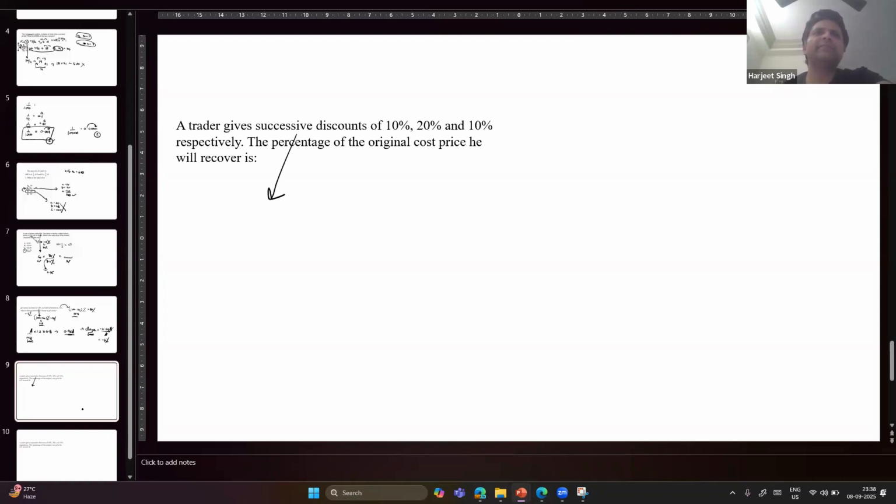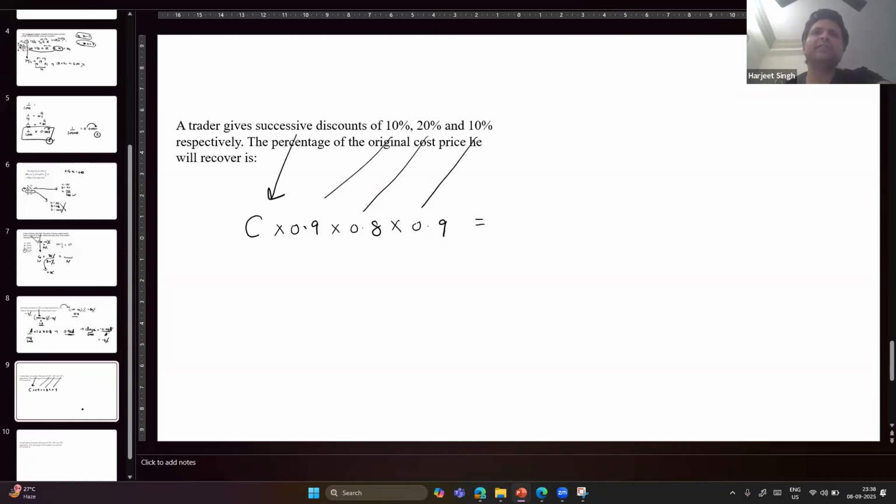Let the original price be C. Discount of 10%, can I say the factor is 0.9? Discount of 20%, the factor will be 0.8. Discount of 10%, the factor will be 0.9 again.